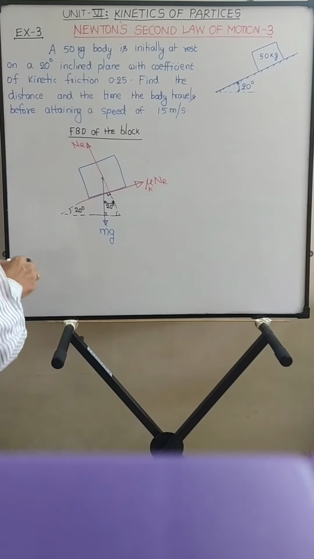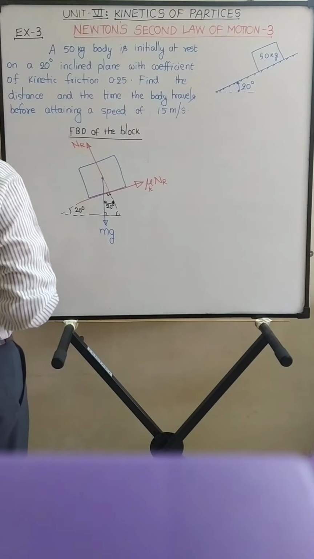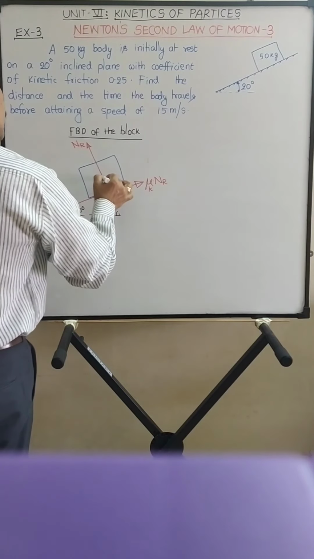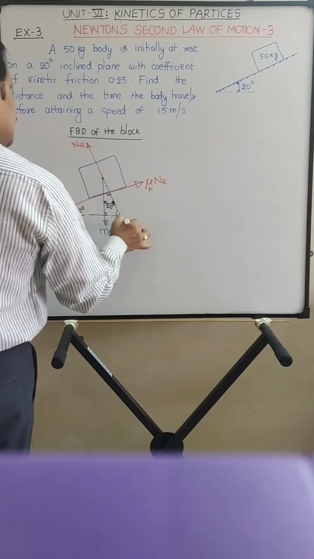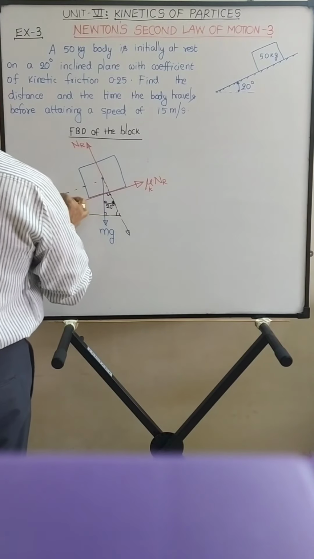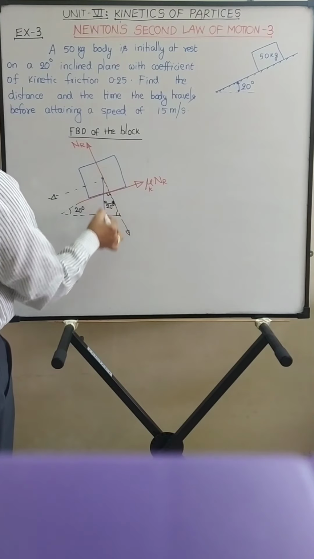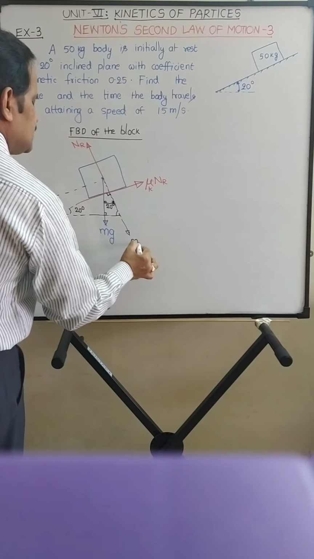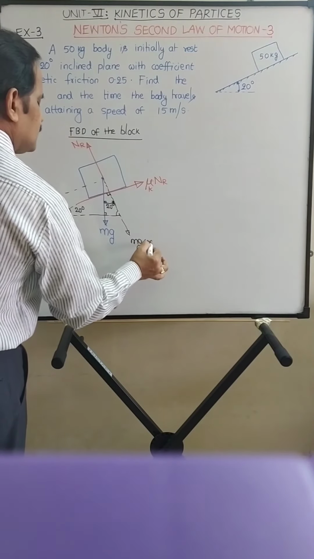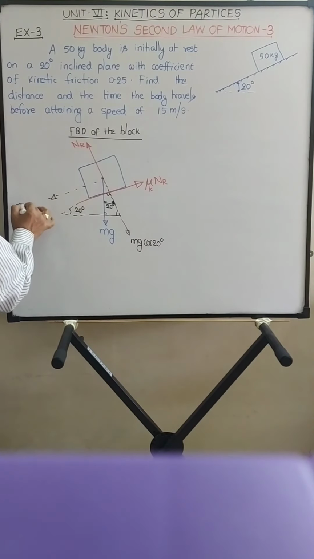Right? Now resolving this mg into two components. One is perpendicular to the plane. The other component is parallel to the plane. So this component is making an angle 20 degrees with mg. So this component is mg cos 20. The other, parallel component, is mg sin 20.